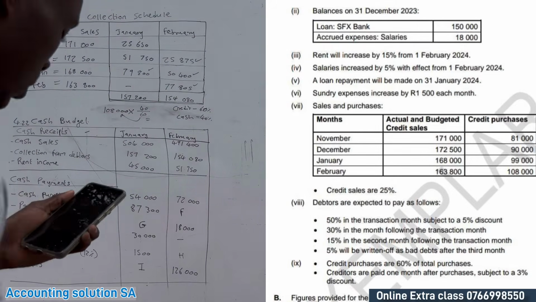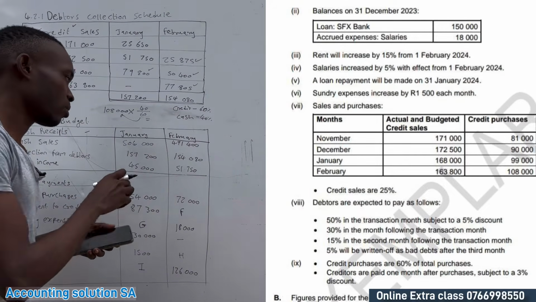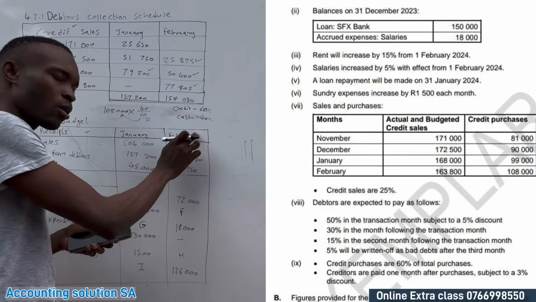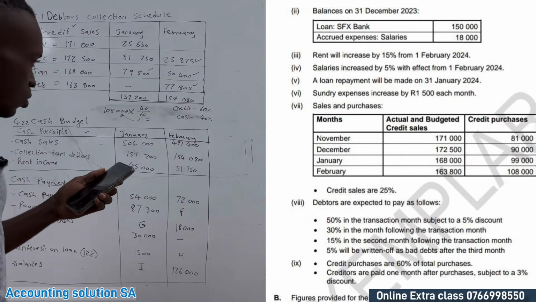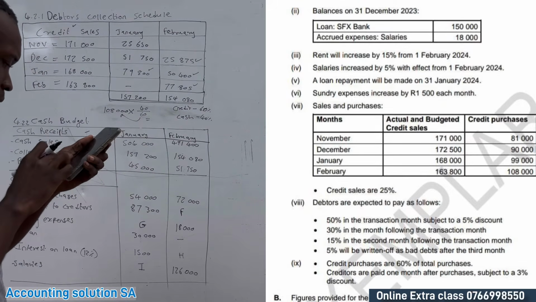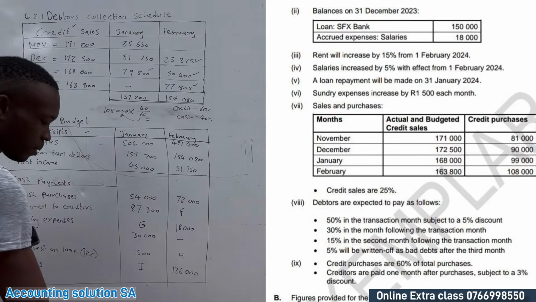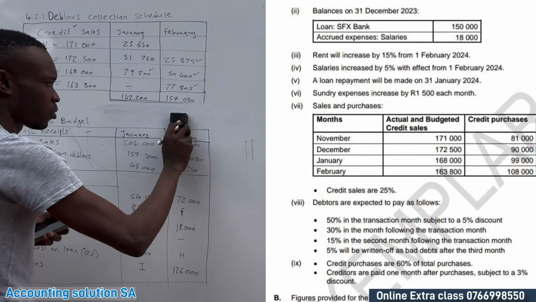Now they're saying that if we purchase on January, we must pay February. If we purchase February, we're gonna pay the following month in March, which means that this goods is from January. This goods is from January. But remember, they say that there is a 3% discount.